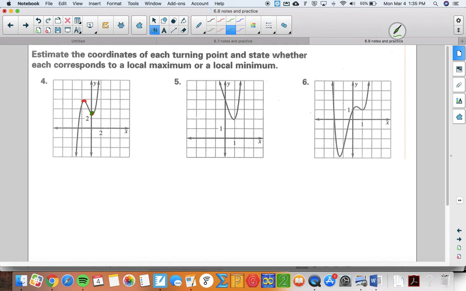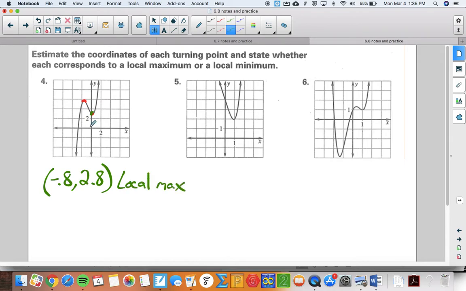Everything else to the left and the right for a period of time is below it. So that makes that red dot a local max. It says to estimate where it would be, maybe negative 0.8. And the height might be like positive 3 or maybe 2.8. I don't know. But that's a local max.